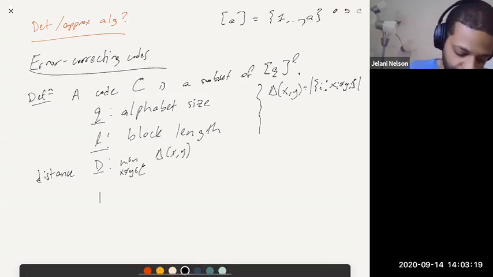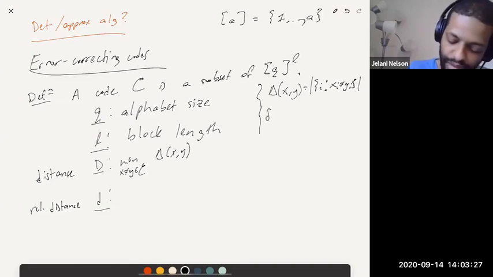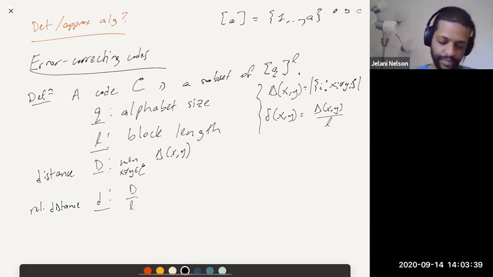And let's say little d is the relative distance, which is just the distance normalized by the length. So this is just D over L.